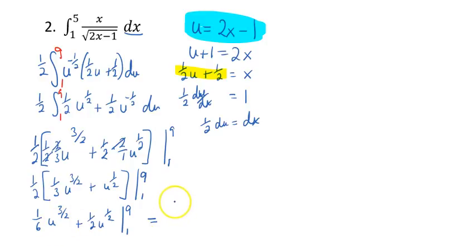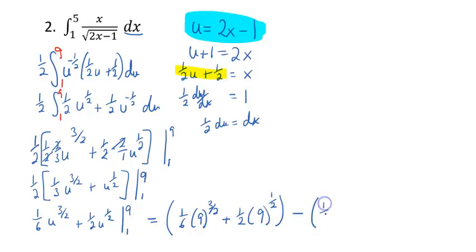So when I plug in the 9, I have 1/6 times 9 to the 3/2 plus 1/2 times 9 to the 1/2. And then I'm subtracting, plugging in the 1. So 1/6 times 1 to the 3/2 plus 1/2 times 1 to the 1/2.